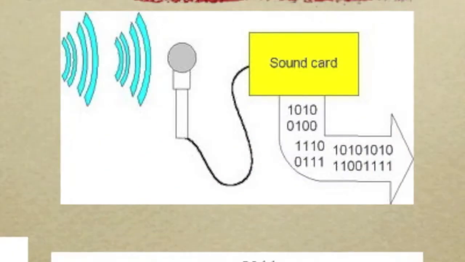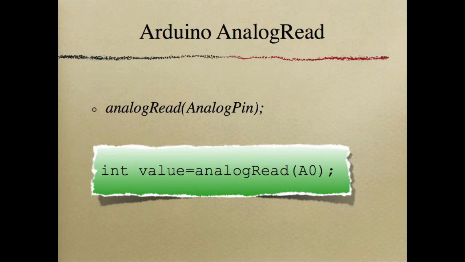Actually, we use the analog to digital converter every day, like when you do sound recording or the way that I do video recording right now. Now, our Arduino already has A to D equipped inside the processor, the microcontroller.